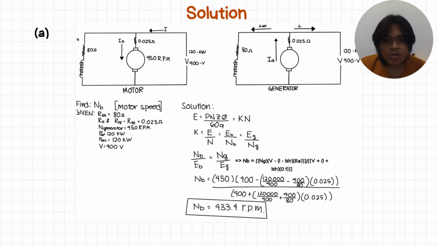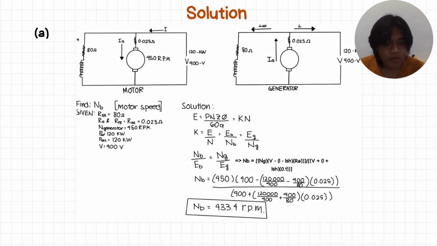Note that E equals P N Z phi over 60A is similar to the back EMF and the EG, or the generator voltage. Now, we can equate the two. Since K is equal to E over N, where EB over NB equals EG over NG equals K, we can now determine the following relationship: NB over EB equals NG over EG.